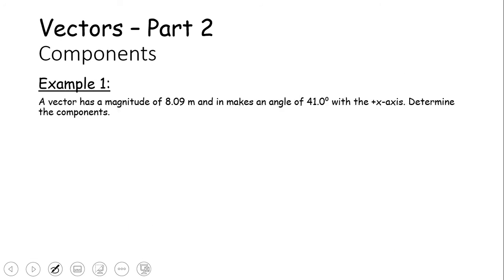So let's start with one example here. Let's say that we have a vector of magnitude 8.09 meters, and we know that it makes an angle of 41 degrees with the positive x-axis. And we want to determine the components. So we know in this case that A is 8.09 meters, and theta is 41 degrees.